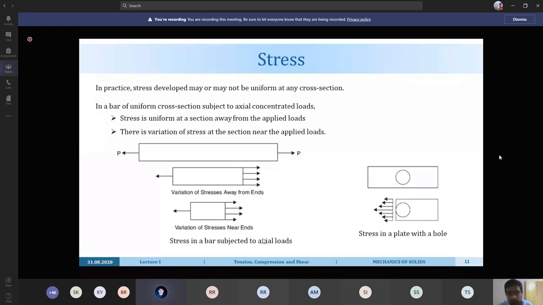Overall, sometimes the maximum stress developed at this region can be 2 to 4 times the average stress. The average stress is nothing but the uniform stress developed in any cross section.